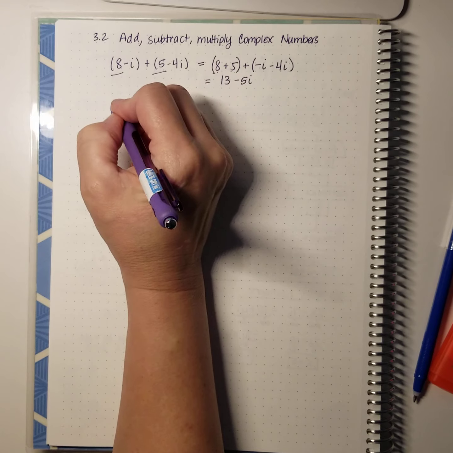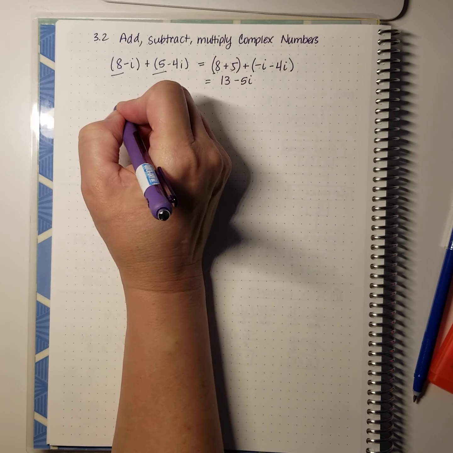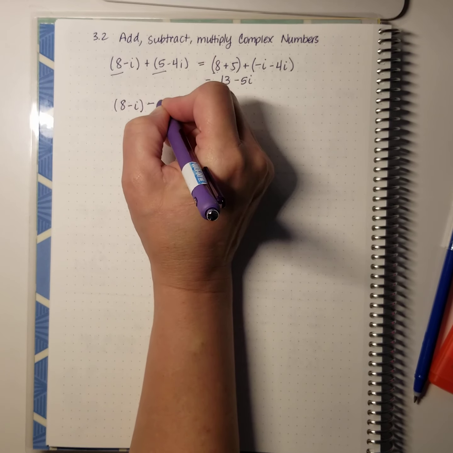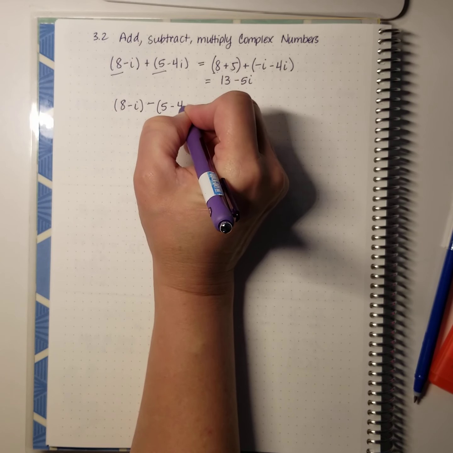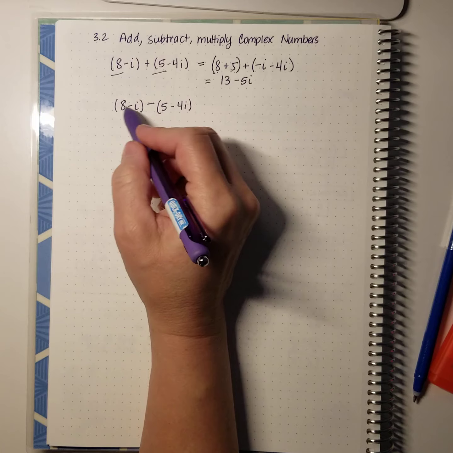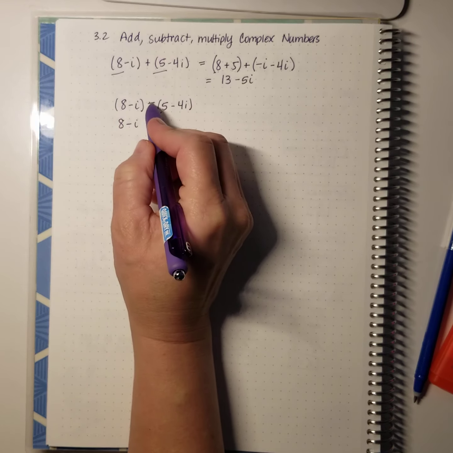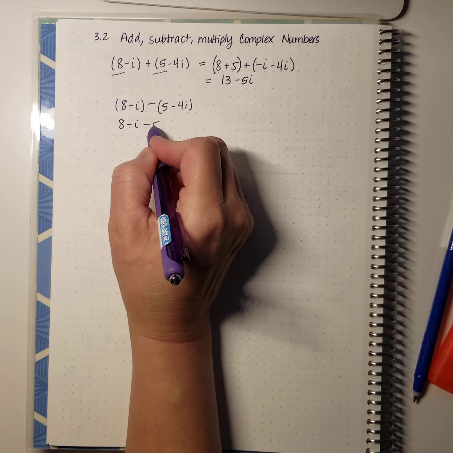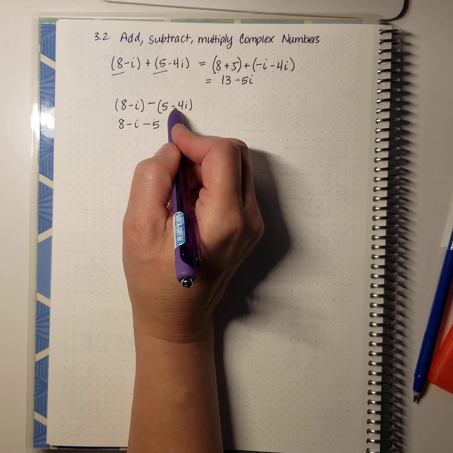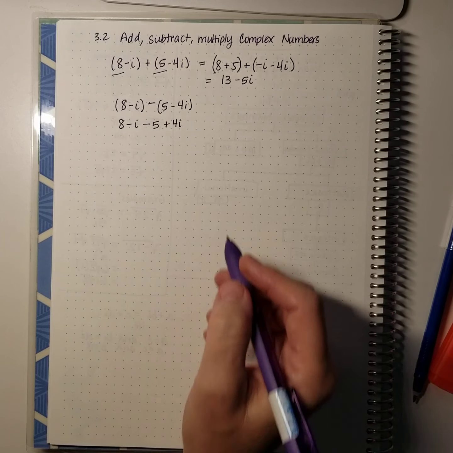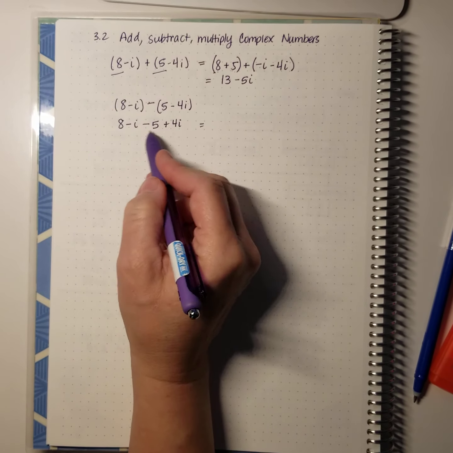Okay, let's do this again, but let's subtract. So if we have 8 minus i minus 5 minus 4i, if we were to remove all these parentheses, we'd see that we have 8 minus i, and we'd have to distribute the negative, minus 5, and distribute to the minus 4i to give us plus 4i. Basically, all we're really doing here is combining like terms.